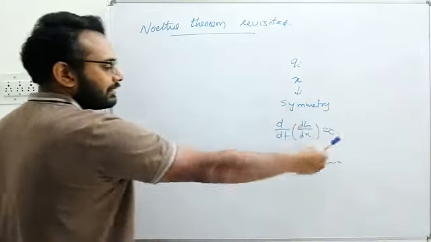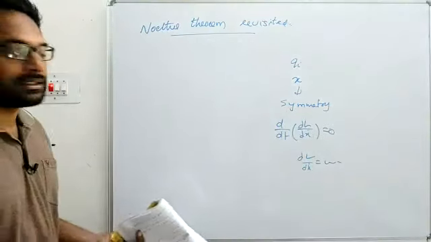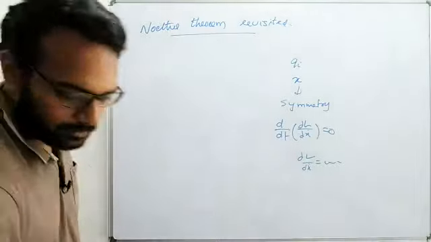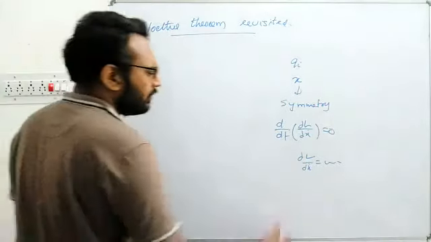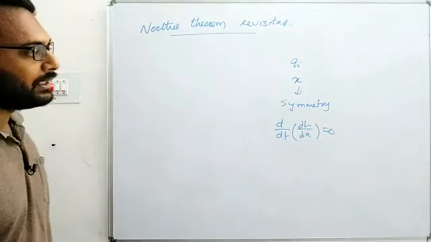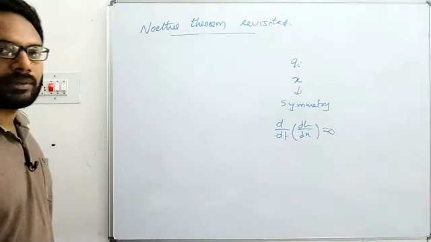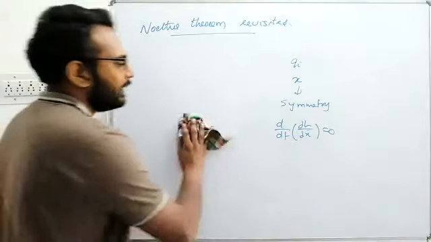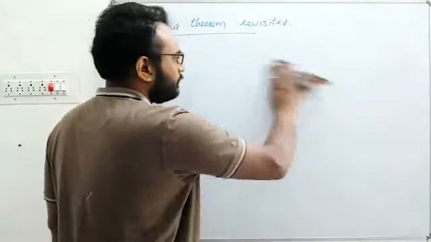So whenever there is a symmetry, there is a corresponding conserved quantity in classical mechanics. In quantum mechanics, it's a bit more involved, but we can say that whenever there is a conserved quantity, there is a corresponding symmetry. The converse may not be true in quantum mechanics. This was a special case of Noether theorem.